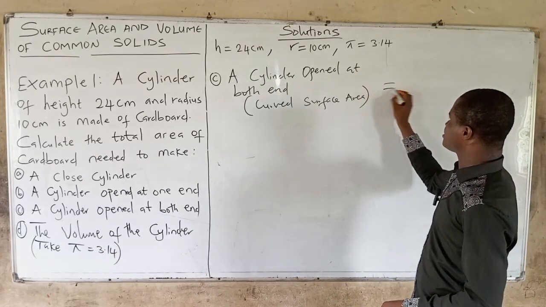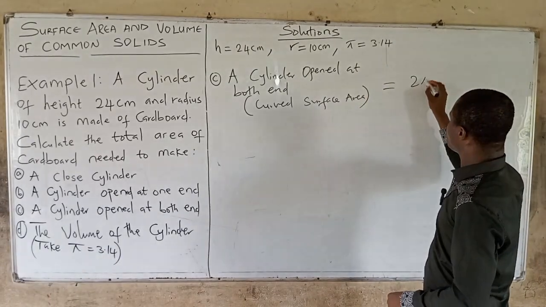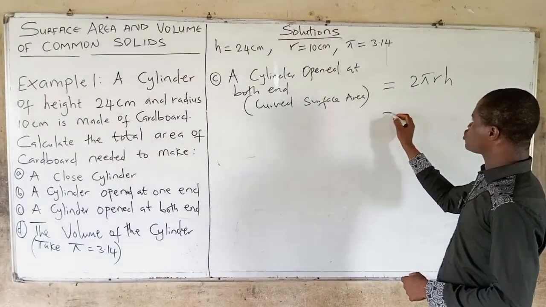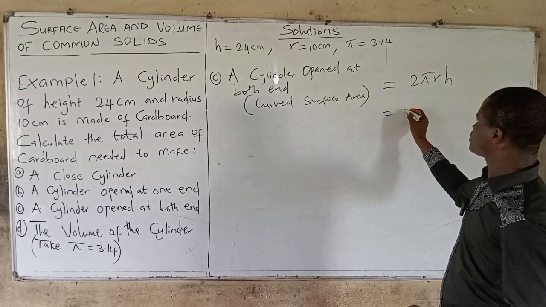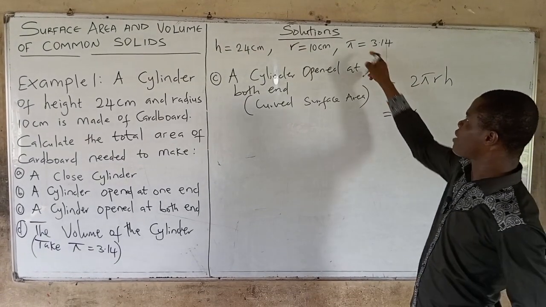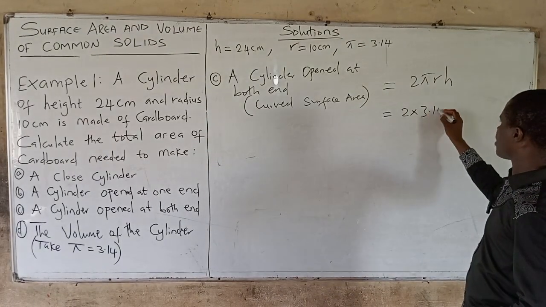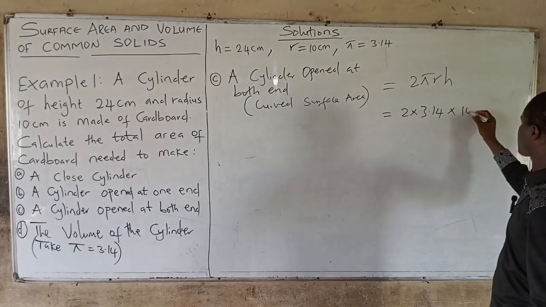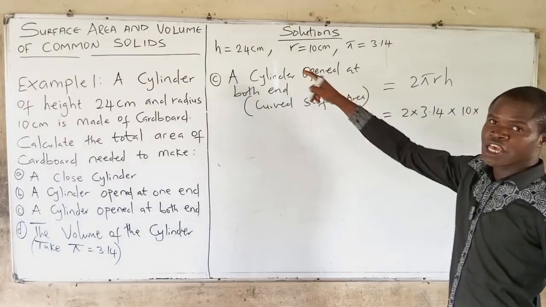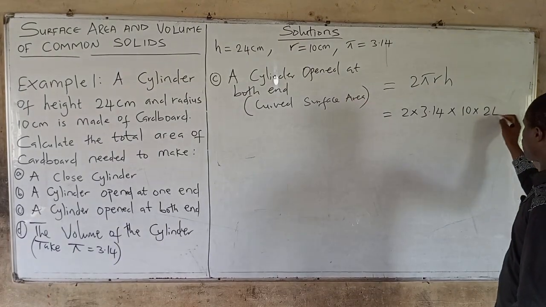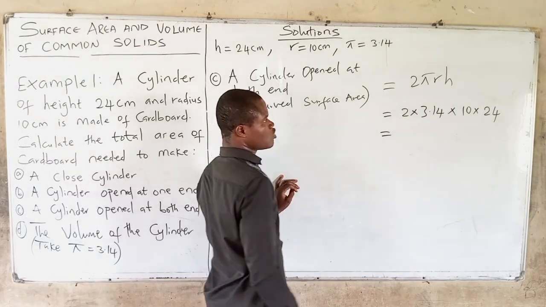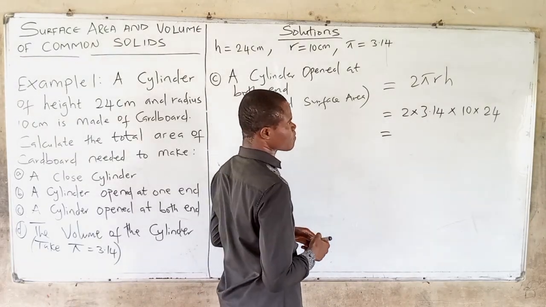So it is giving us 2 pi r h. I hope you remember. So let's now substitute. This is 2 times pi. Our pi is what? 3.14 times r. R is what? 10. Then times h. H is what? 24. So this is it. 2 times 3.14 will give us 6.28.